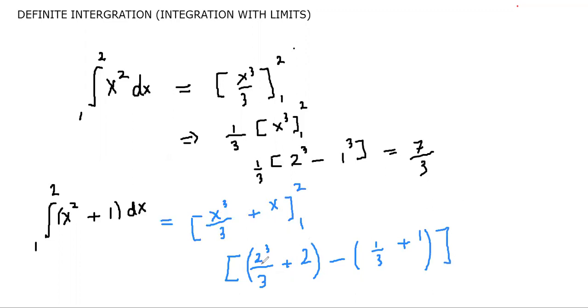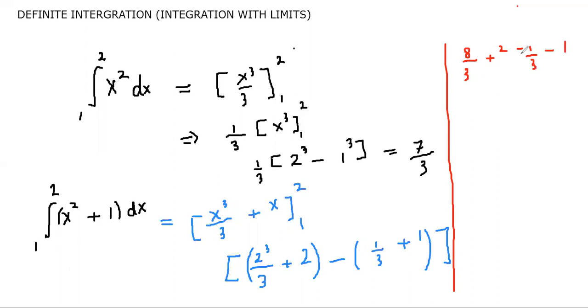If you solve it, what you get is 8 by 3 plus 2 minus 1 by 3 minus 1.